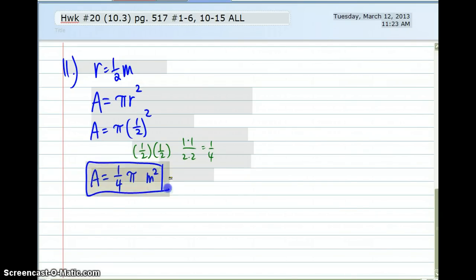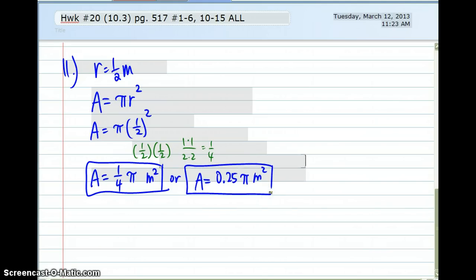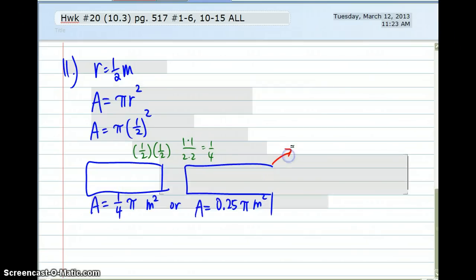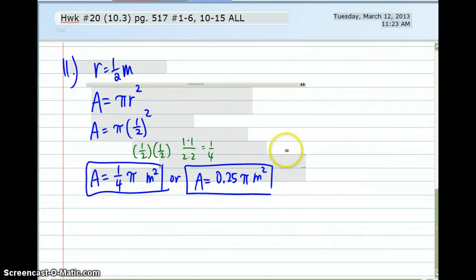Okay. Or if I choose to write it as a decimal, then 1/4 is the same decimal as 0.25 pi meters squared. So that's okay if you want to also write it as a decimal. These are my exact answers. Then to get my approximate answer, I can actually probably use the decimal one. It'll be a little easier for me.